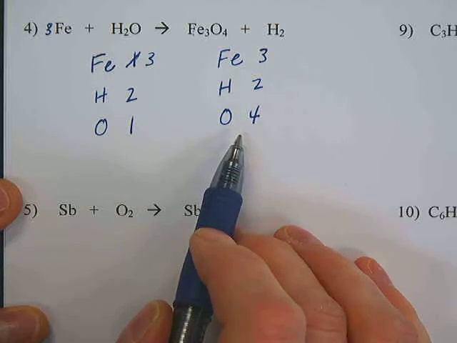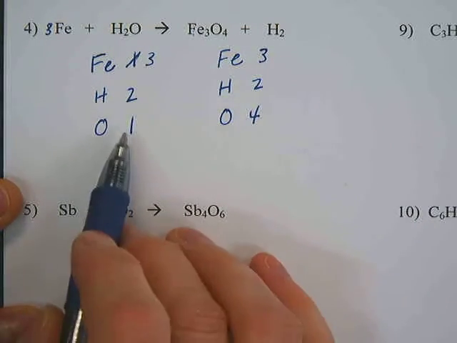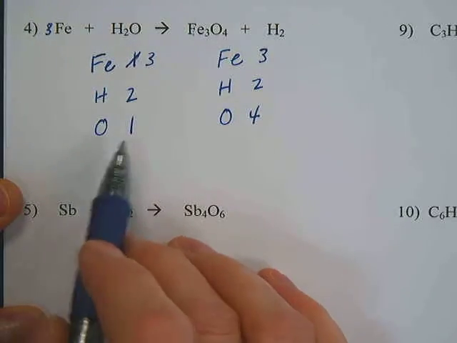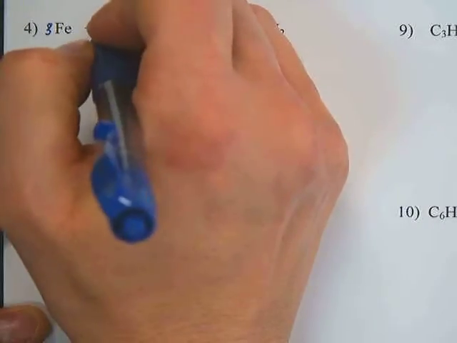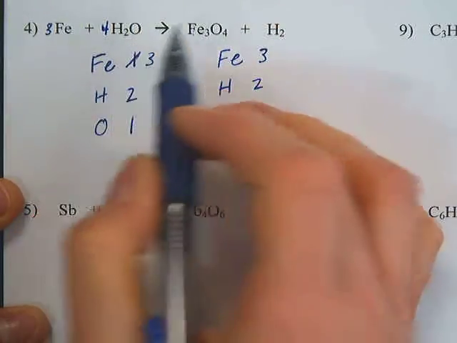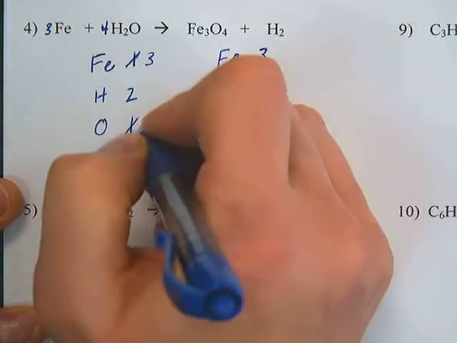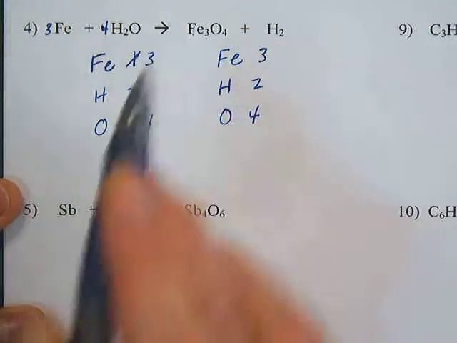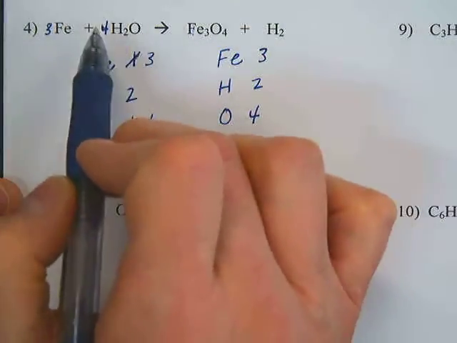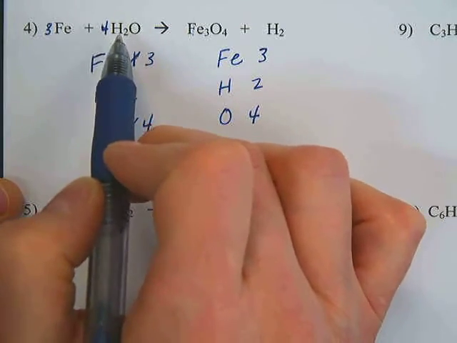So since we have 4 atoms of oxygen on the product side and only 1 on the reactant side, we need to change the number of atoms of oxygen on the reactant side. To do that, we need to put a 4 in front of this water molecule right here. So there's a 4 in front of the water molecule, which gives us 4 atoms of oxygen. But again, that 4 applies to the entire water molecule.